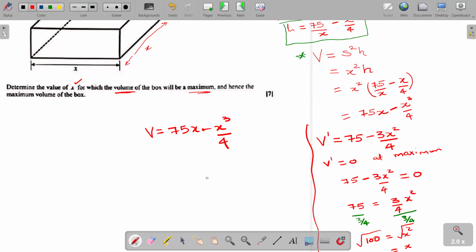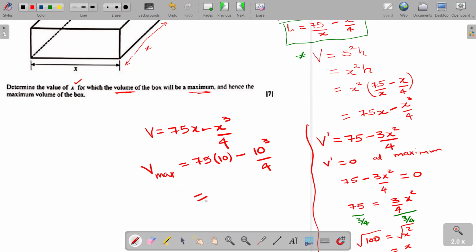But we said our x is equal to 10 centimeters. So the maximum volume will be equal to 75 times 10 minus 10 cubed over 4.